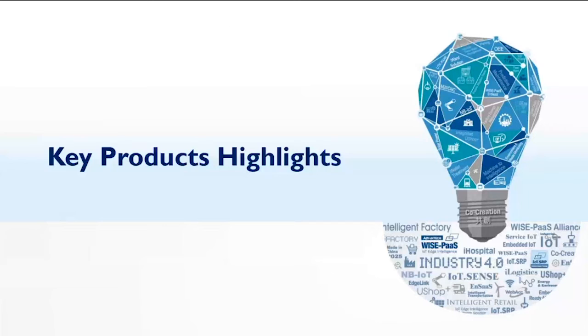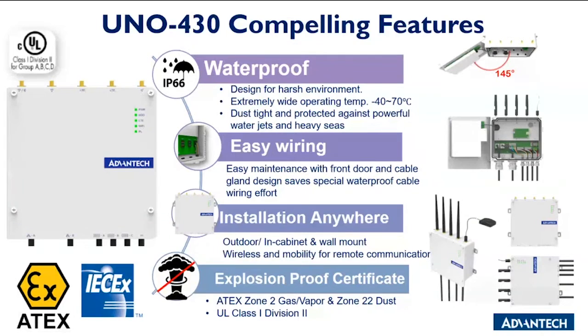Okay, so in the following slides, I would like to introduce our new product for hazardous location applications. This is the Uno 430. Uno 430 is a highly rugged outdoor gateway with IP66 waterproof protection and wide temperature operation.